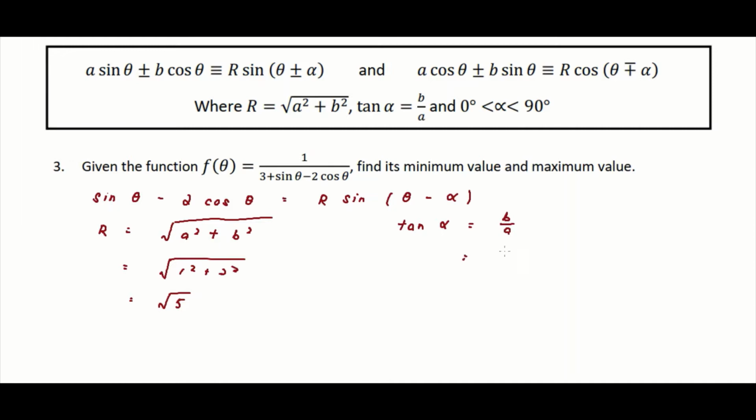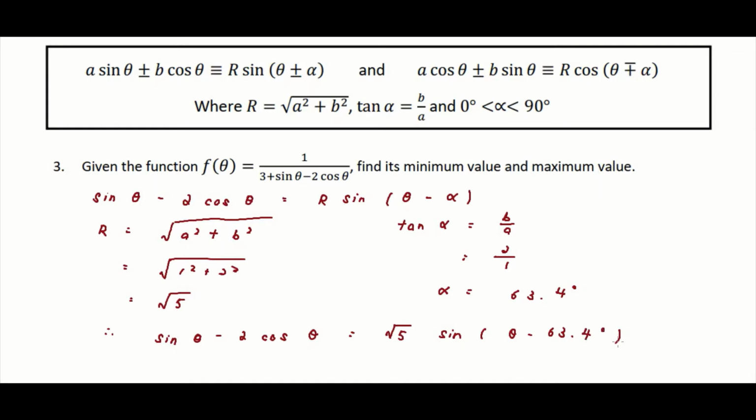In this case, b is 2 and a is 1, so alpha will be equal to 63.4. Let's write it: sine theta minus 2 cos theta actually equals square root 5 sine(theta minus 63.4).